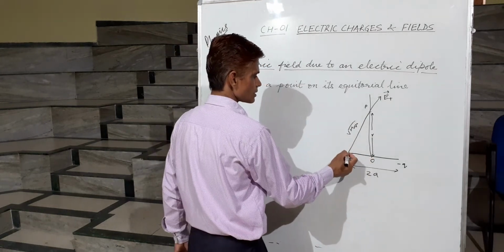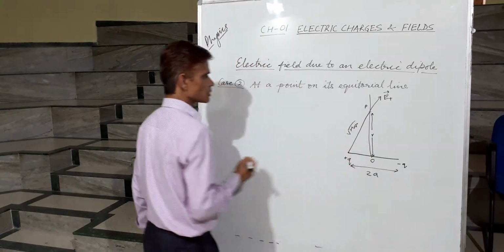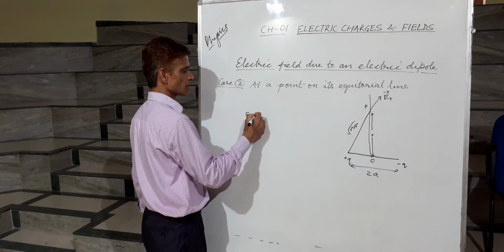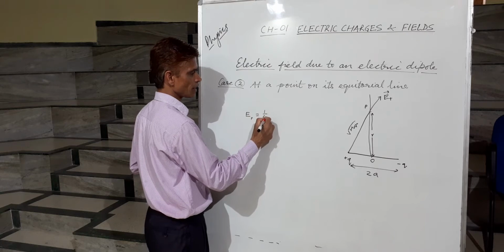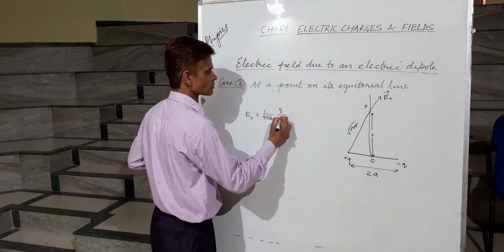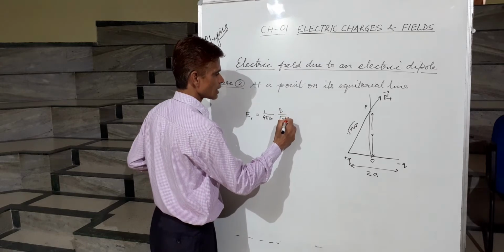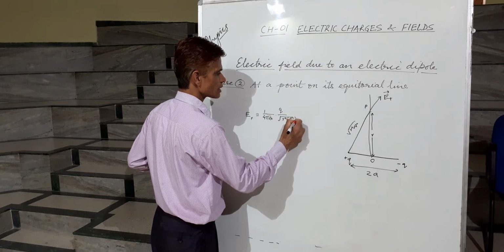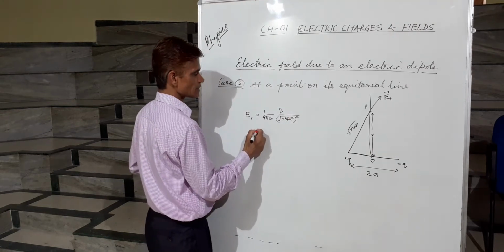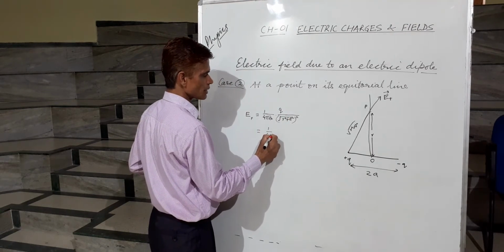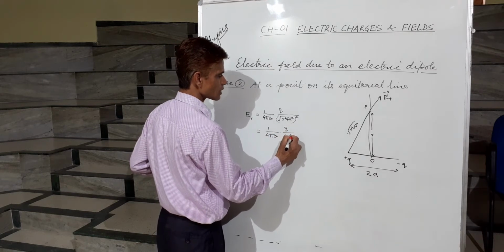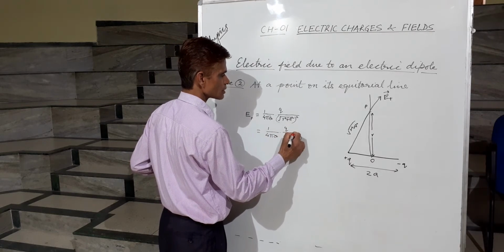Now the magnitude of this electric field E plus will be given by 1 by 4 pi epsilon naught q upon r square plus a square.